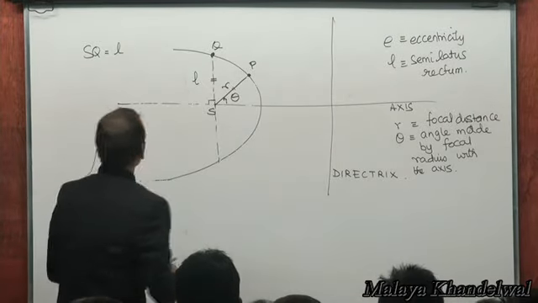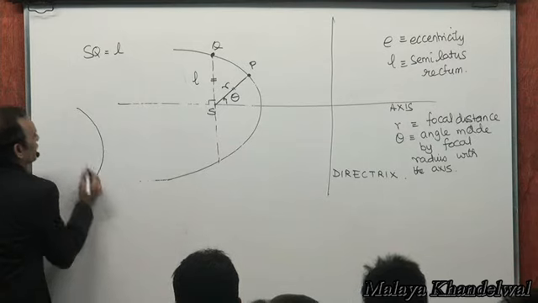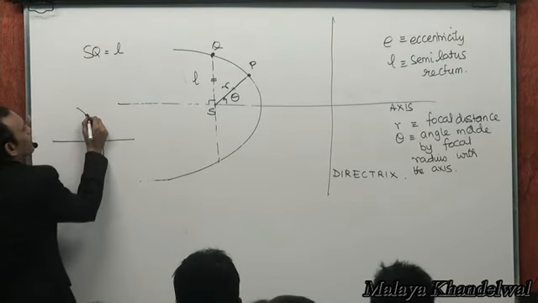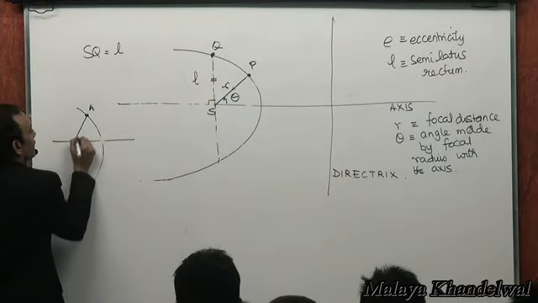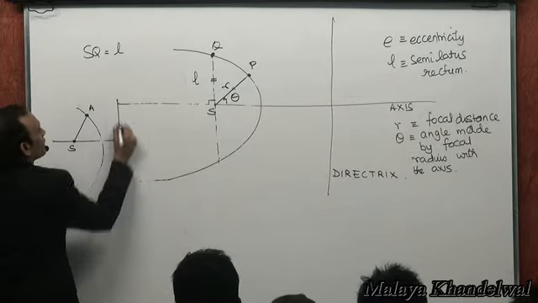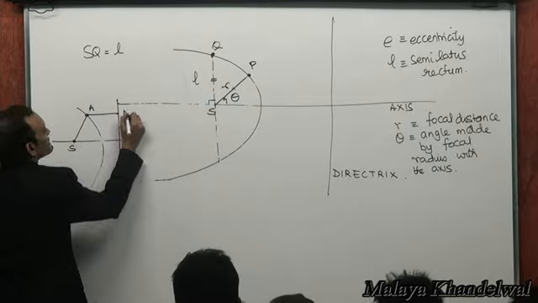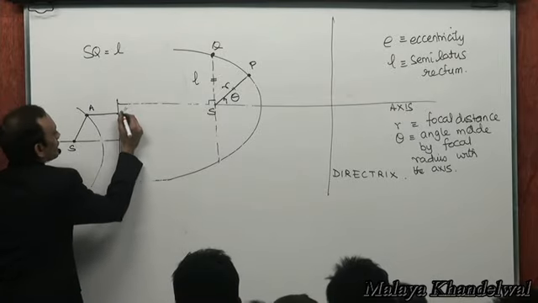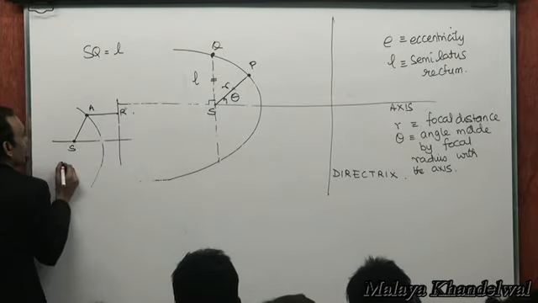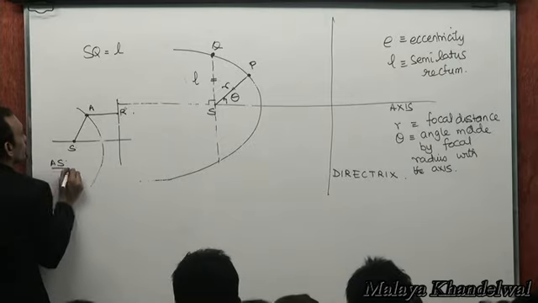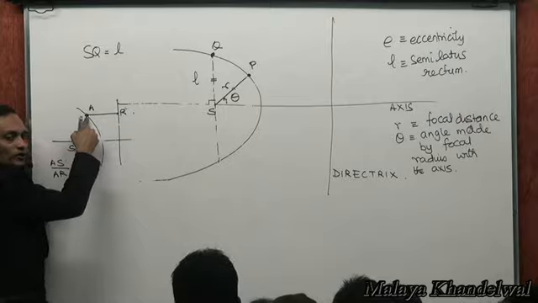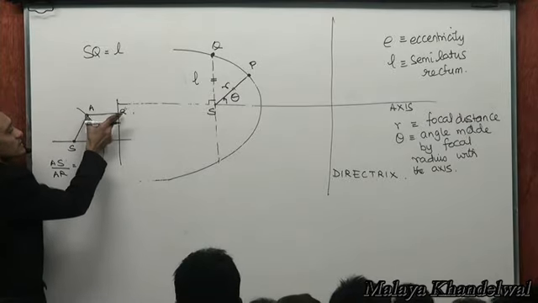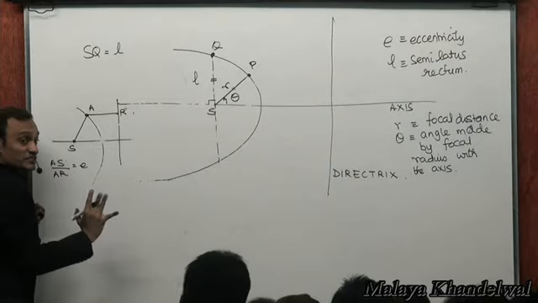Now, see, if there is any point A on the conic section, then AS by AR would be E. If there is any point A on the conic section, then AS divided by AR is E, the eccentricity of the conic section.